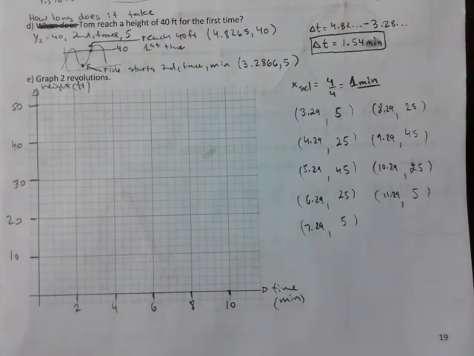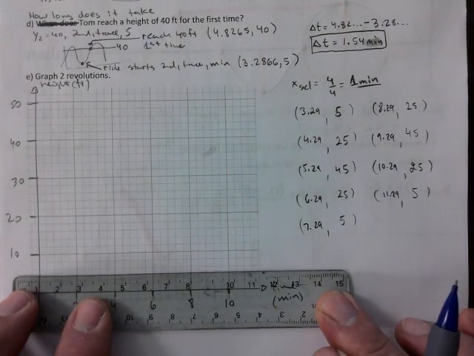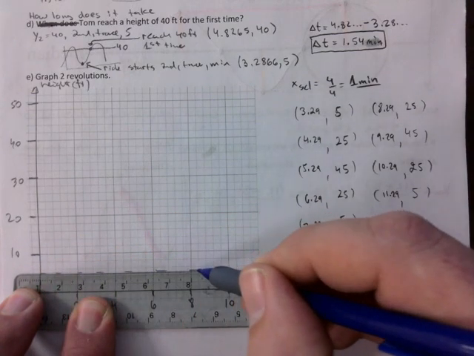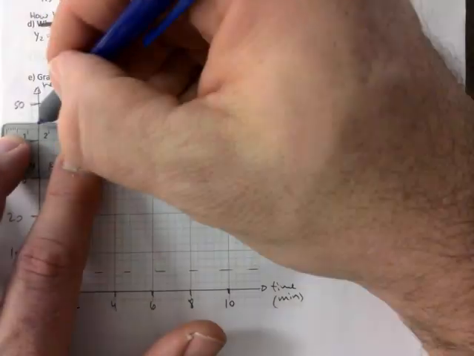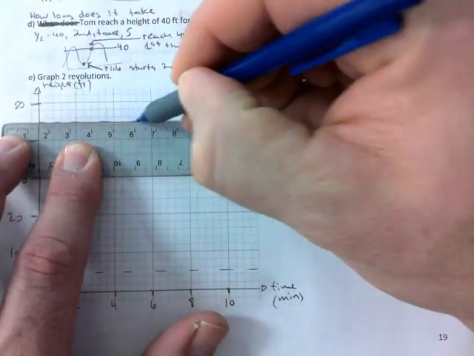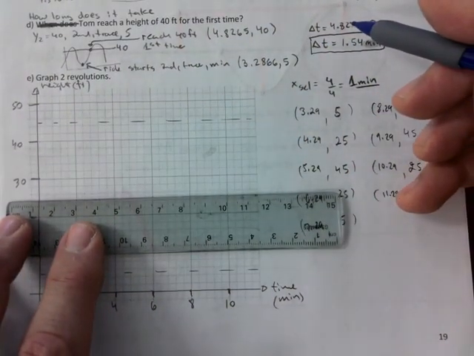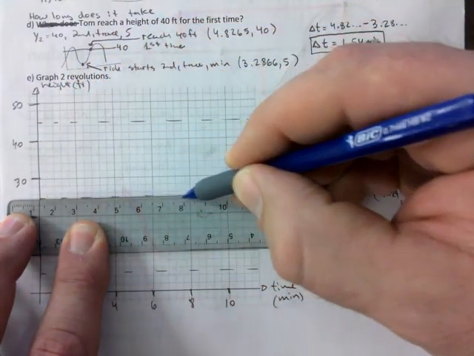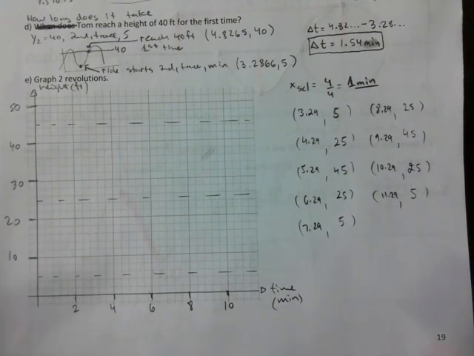Okay. Have a ruler. I would strongly encourage you to draw your 5. This would be 5 right in halfway. Then it's 45. Then it's 25. There you go. There's your 3 lines you're going to jump in between.